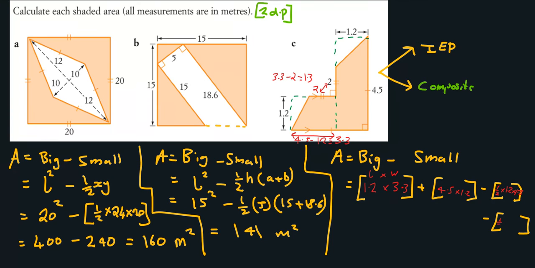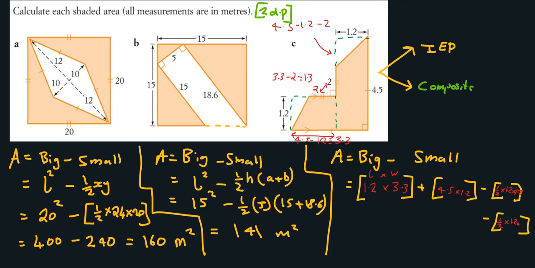Let's work out the area of the second triangle. The height is 1.2. If we know that the total distance here is 4.5, we need to work out this. We need to subtract 1.2, and we also need to subtract 2.